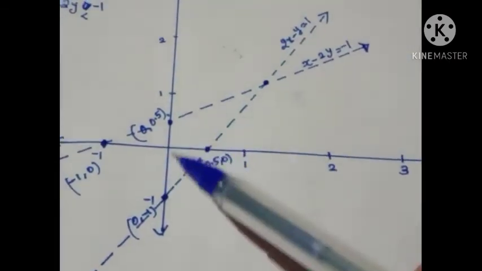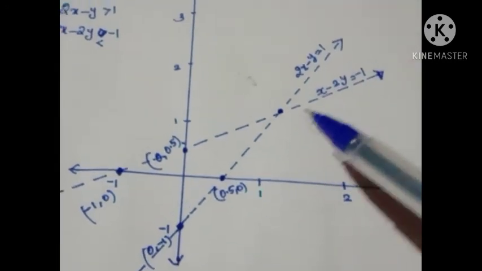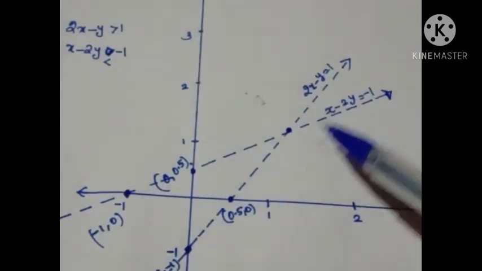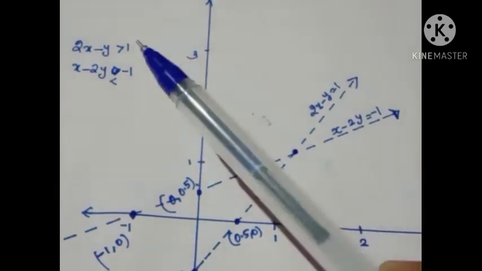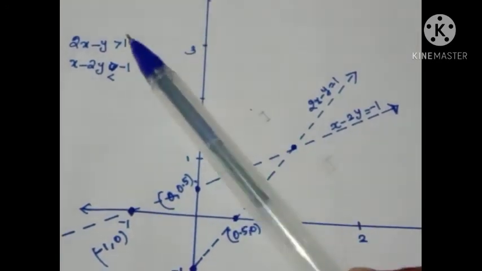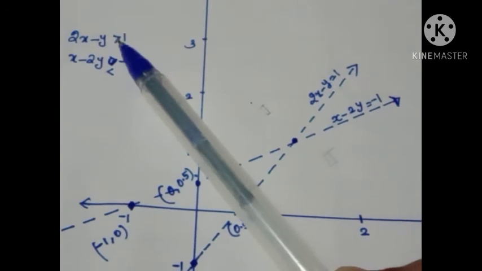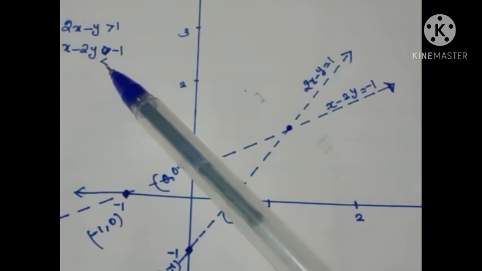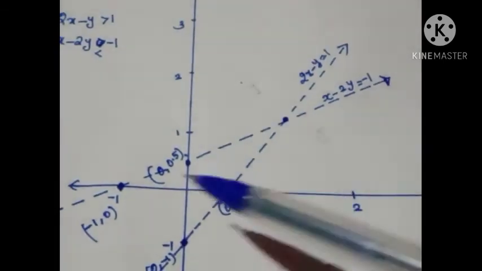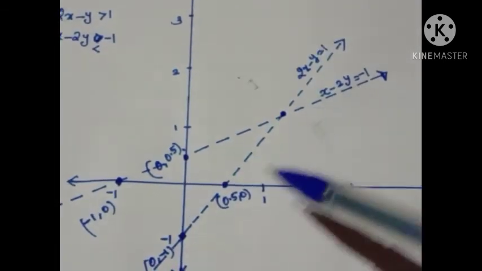See the graph of the given linear inequalities. These are the two lines, and this dotted line represents that the given system of linear inequality is a strict inequality. It is strictly greater than and strictly less than, so we use these lines as dotted lines.